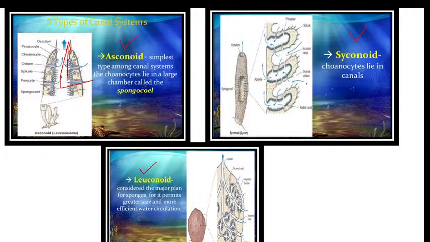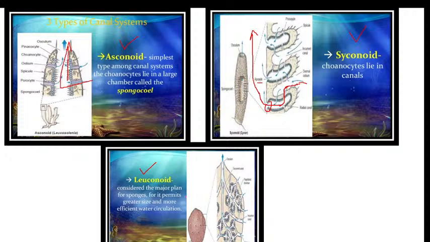See here, the picture shows the water current movement. The water comes through the incurrent canal. From the incurrent canal, the water moves to the radial canal. The radial canal has flagellated cells, and from the radial canal the water goes through the apopyle. The radial canal opening is called the apopyle. Through the apopyle it reaches the spongocoel, and from the spongocoel the water goes out through the osculum. That is the sycanoid type. The sycanoid type is much more complex, and the spongocoel is reduced.